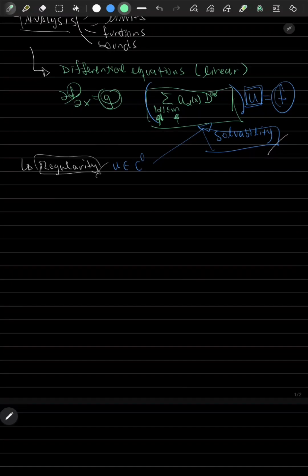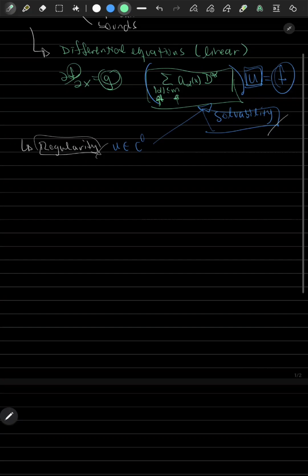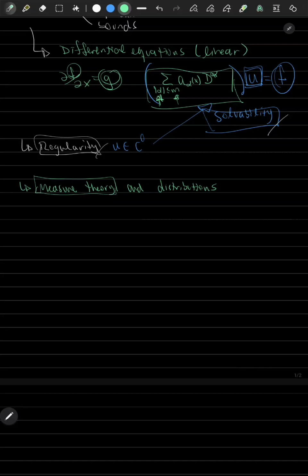And we have a few tools that will be fundamental when we solve these kinds of problems. And these are measure theory and distributions. So measure theory is more useful technically.